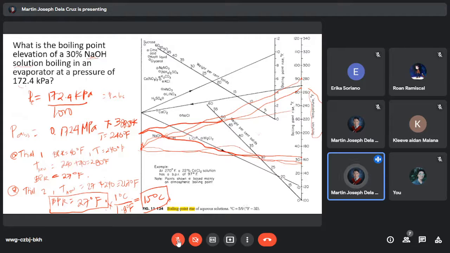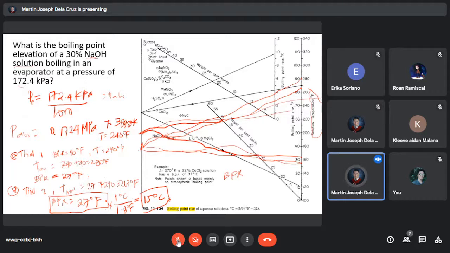So, ano nakuha nyo, class? Ano makuha nyo yung BPR niya, class? So, connect 164, connect sa NaOH hanggang mag-intersect sa dulong vertical.